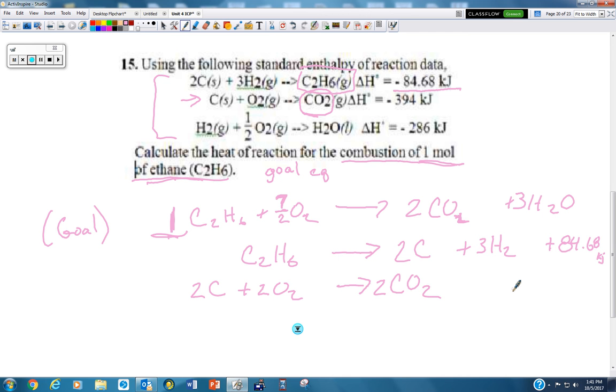Now, since I did that, what is that going to do to my number? Negative 394 times 2, so our number here is negative 788. Because this one, in the original equation, was given to us in the product, and we needed it on the reactant side, we flipped the direction of it, and that changed the direction of the energy flow.